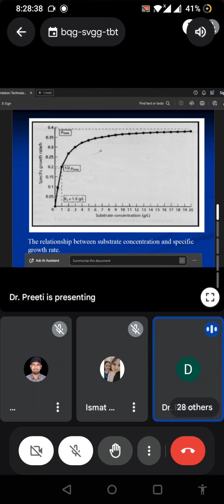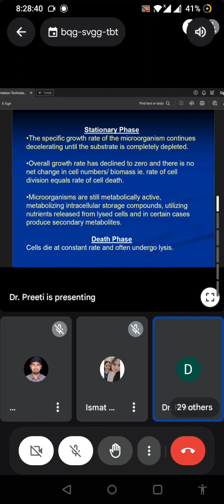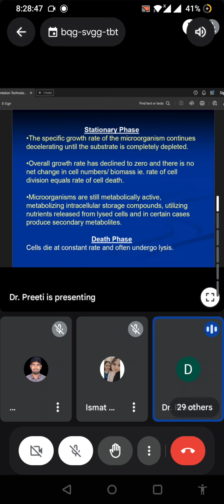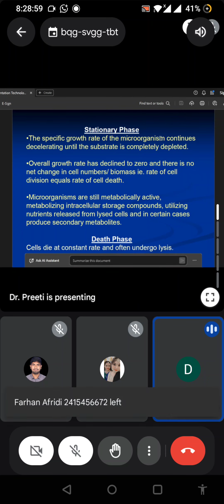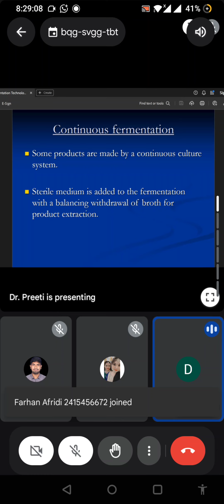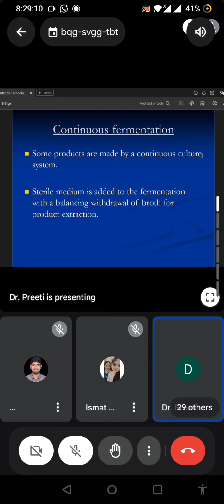Continuous fermentation আমরা কোথায় prefer করি? Mostly in chemical industry, where that kinetics is not that important, সেখানে কিন্তু obviously এটা বেশি economical, তো ওখানে আমরা এগুলো prefer করব। তো স্টেশনারি ফেজে কি হয় এটা তো তোমরা জানো, growth rate and the death rate becomes equal, and during the death phase the cells will die at constant rate.